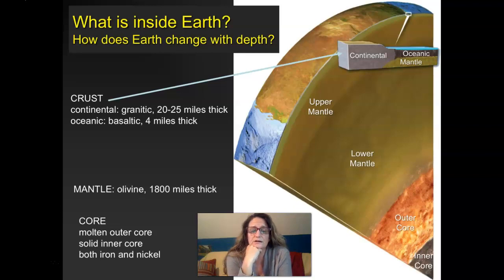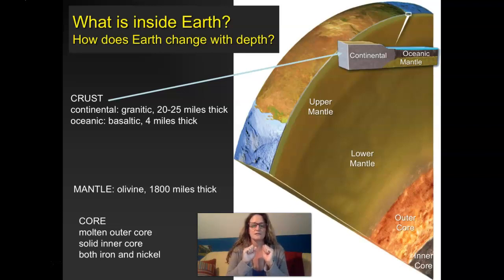It is made of iron and nickel, and that formed during what's called differentiation in the early history of the earth. Planetesimals bombarded, and the whole earth melted. When it melted, the iron and the nickel sunk down to become the core. The outer core is liquid.